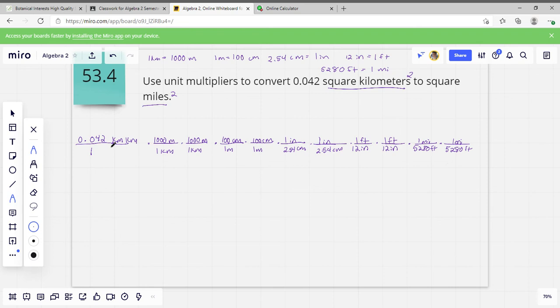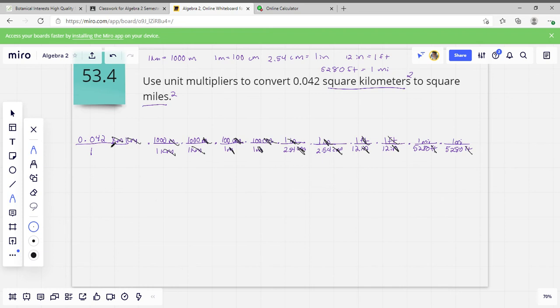All right, so now we're going to cancel. Kilometers, kilometers, kilometers, kilometers. Then we've got our meters. Meters cancel meters. Centimeters cancel centimeters. Centimeters cancel centimeters. And then our inches, and our other inches, and our feet, and our feet, and we're left with miles squared.